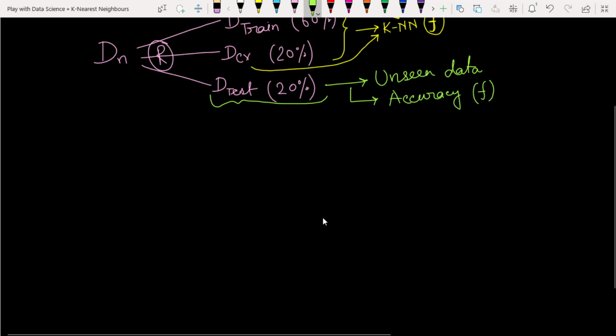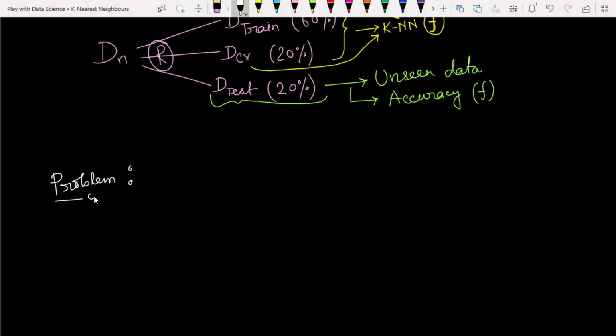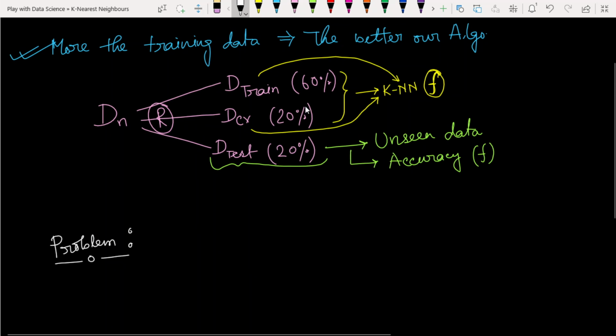Now let's see what the main problem is. To build our model, we are using only 60% of the data to take our nearest neighbor points.